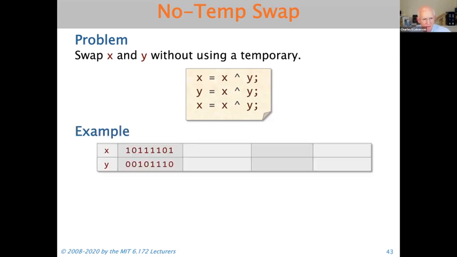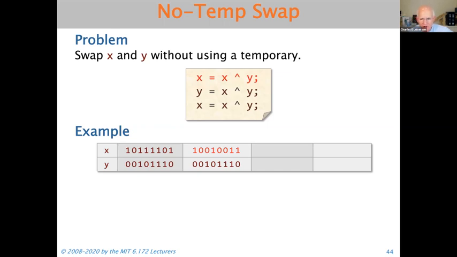So let's see how it works on an example, and then we'll reason why it actually works all the time. Here are x and y, and we want to swap them. The first line of the code XORs x and y together and puts the result in x. That produces a 1 if the bits of x and y are different, and a 0 if they're the same.